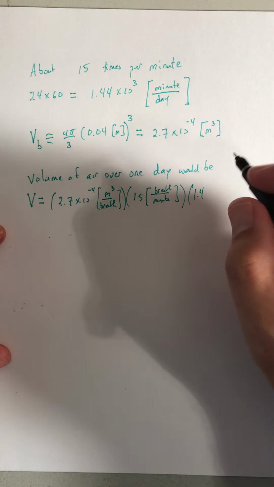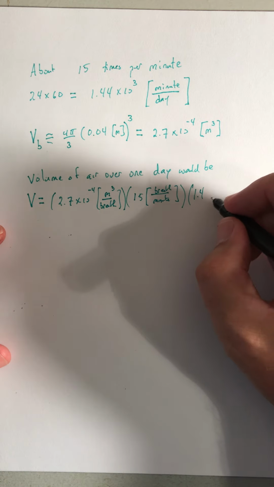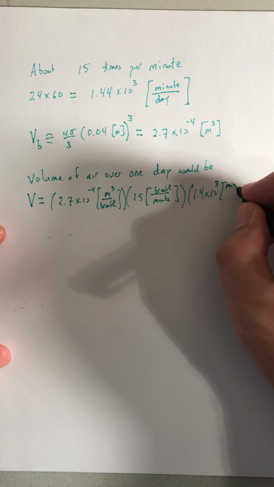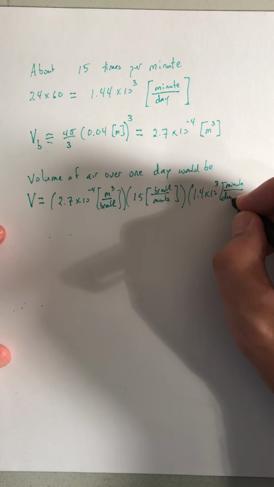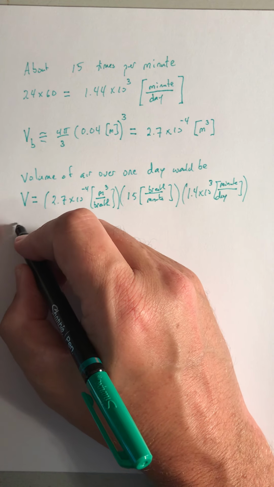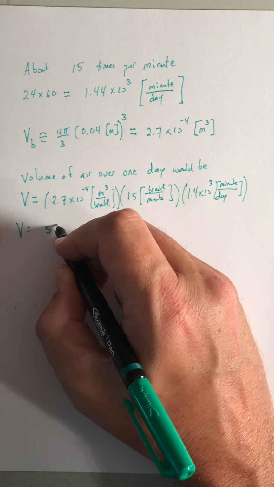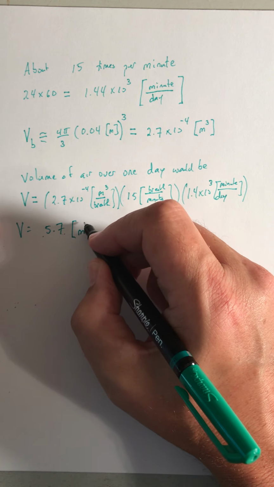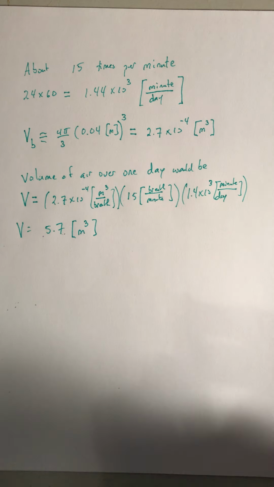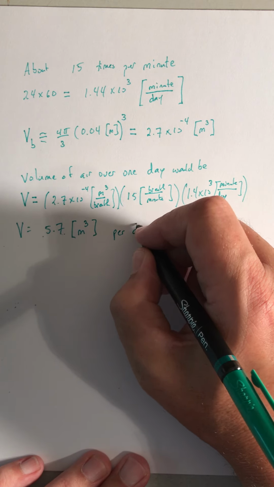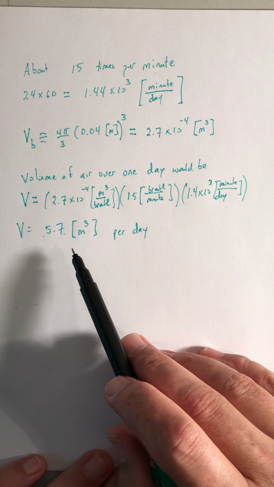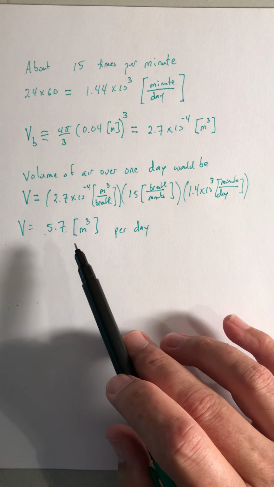And 1.4 times 10 to the 3 minutes per day. And that works out to be 5.7 cubic meters per day. Sort of a volume of a pretty decent sized room there.